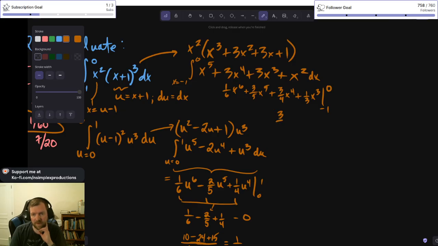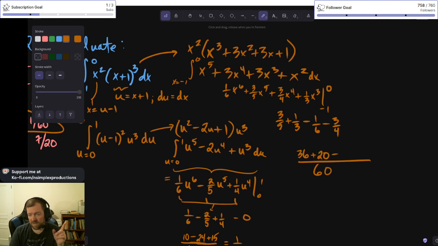So this is going to be 3/5 plus 1/3 minus 1/6 minus 3/4. And again, we got a 3, a 5, a 6, and a 4, so 60 is going to be our common denominator. 12 times 3 is 36, plus 20, minus 10, minus 15 times 3 is 45.